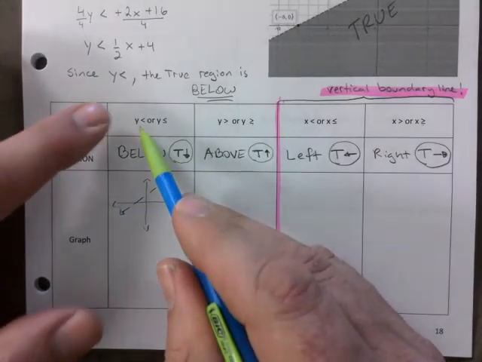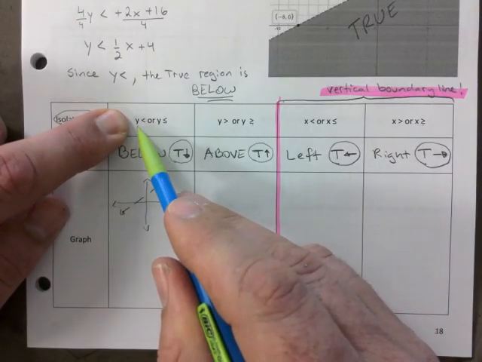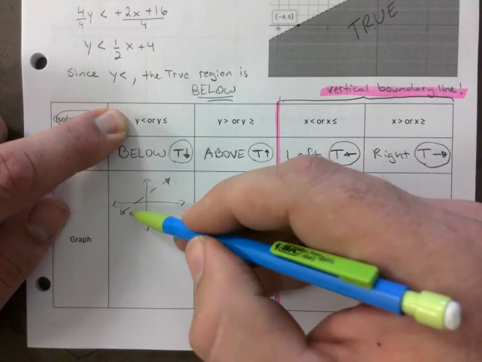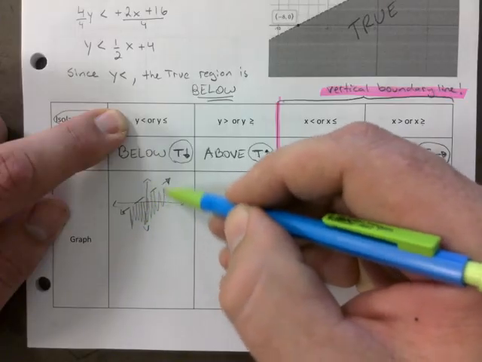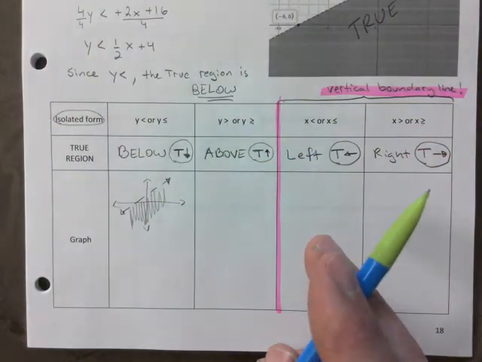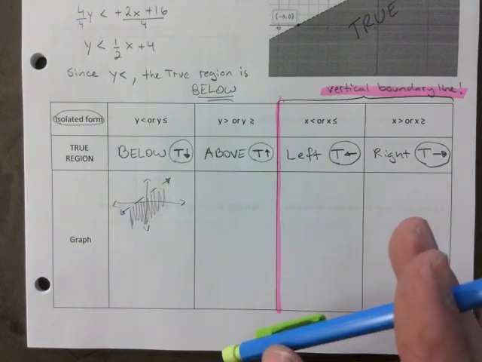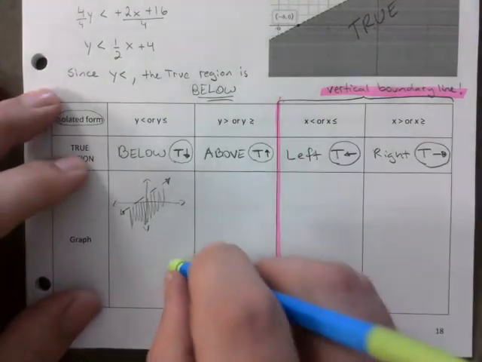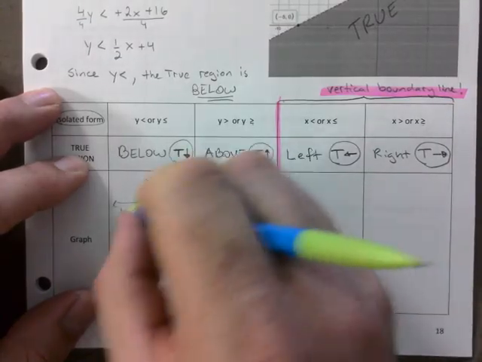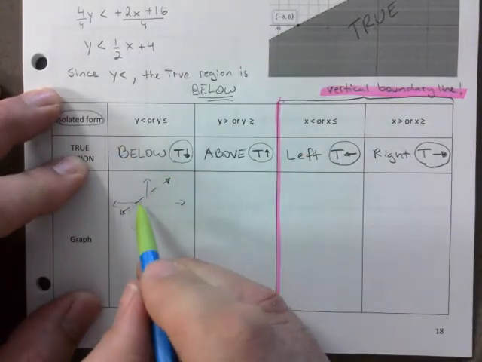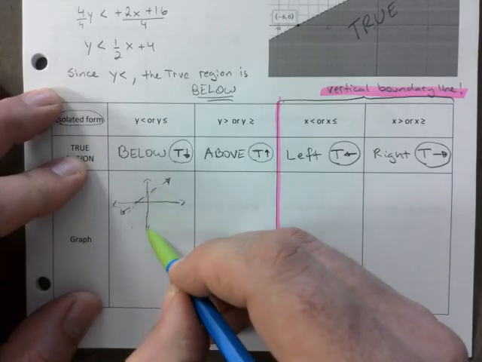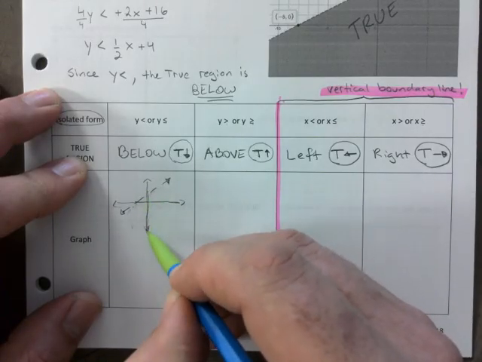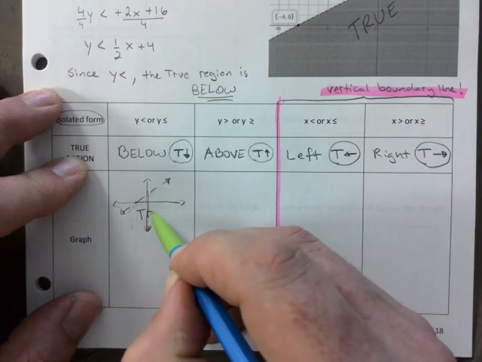And you end up seeing that the inequality, if you rewrite it as less than, we would shade here. Sorry, not the shading. It's just the true region is there, okay? Let's just focus on the true region. My bad. So there, in this case, the true region is here.